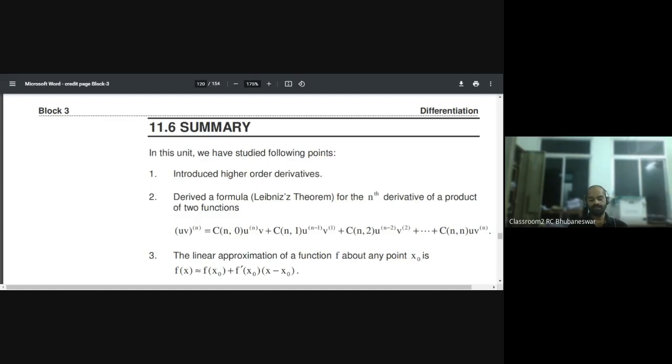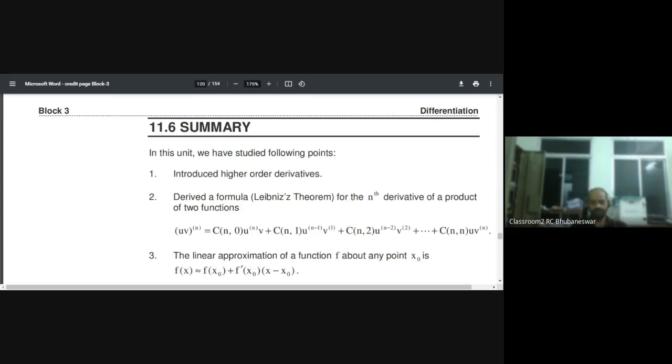So the function f is approximately equal to the right hand side, and clearly the right hand side is a linear expression representing a straight line. That's why it is known as the linear approximation of a function about a point x0. Now the idea can be extended to form a quadratic approximation of a function f about the point x0.